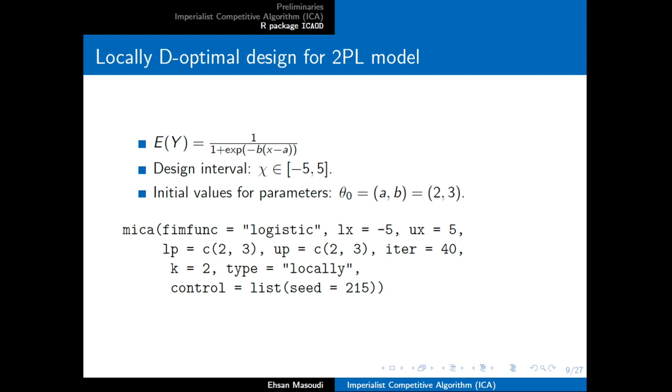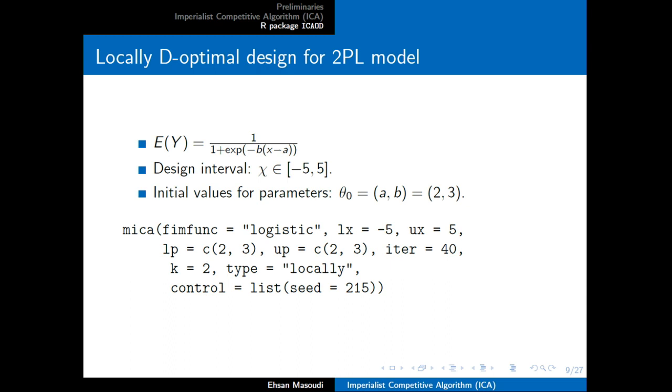So we have here, for example, a 2-parameter logistic model. We use it a lot in, for example, pharmaceutical studies, and also in item response theory in psychology. So there is a difficulty parameter here, a, and x is a latent variable, which we cannot observe, but we suppose we can observe it in optimal design. And also there is a discrimination parameter.